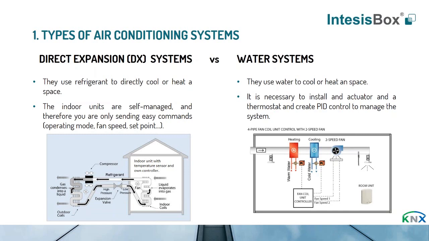However, if we see in the water system, there is a production of water, and the water is pumped to the pipes that we have here. We have heating and cooling pipes, because this is an example of 4 pipes fan coil.